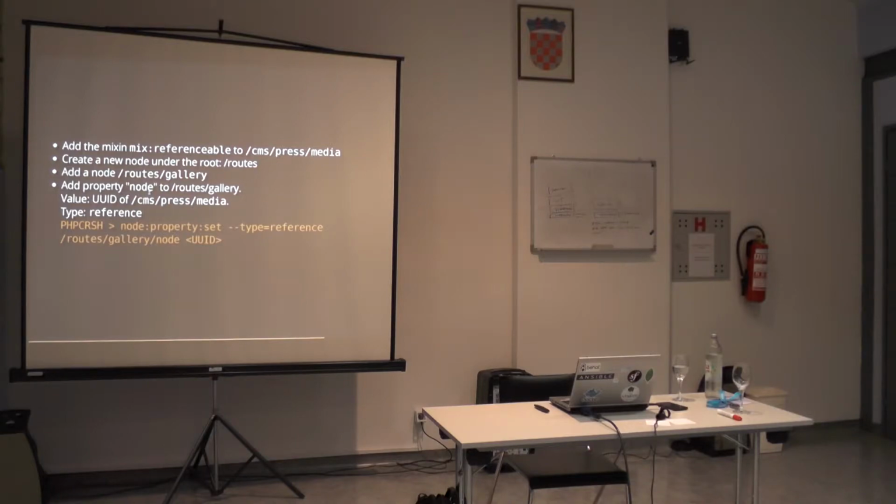I don't think you can create the whole path at once, routes/gallery. No, I think you will get an error, so you have to create routes first, then gallery. It's not on the CMS, it's directly on the root. It's outside the content tree.